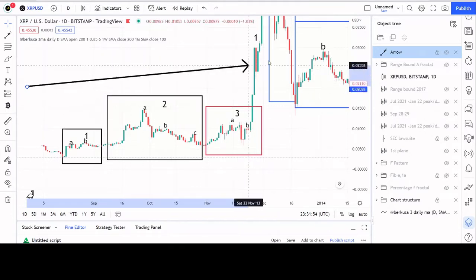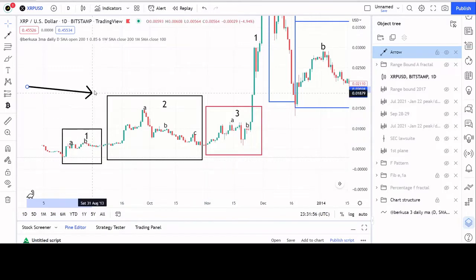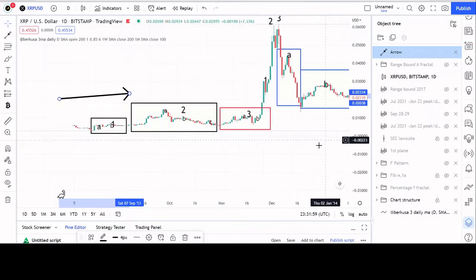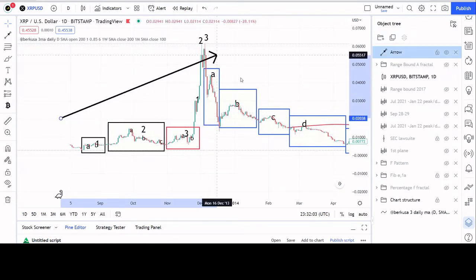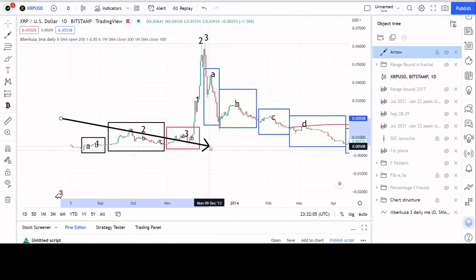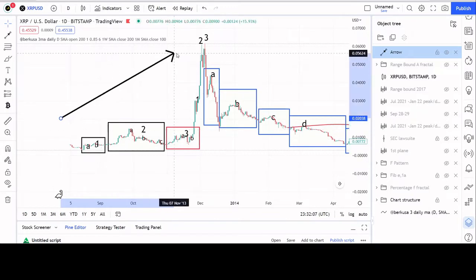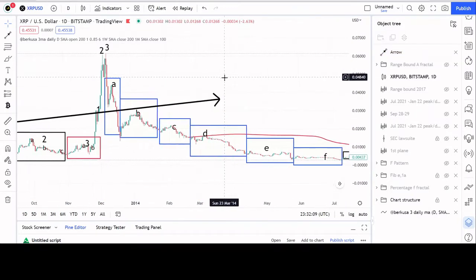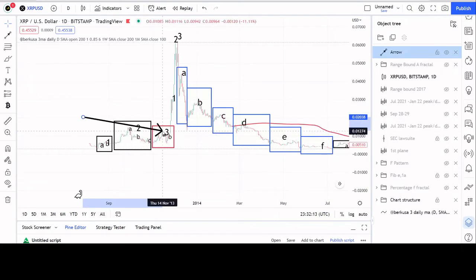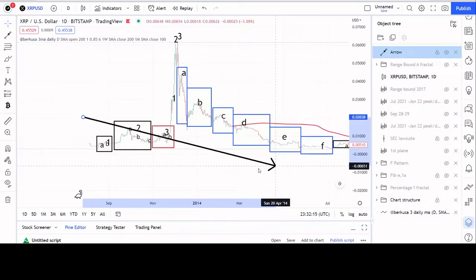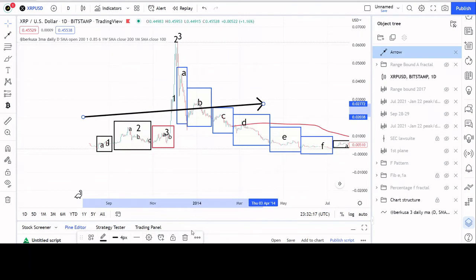So this is what the XRP chart started with, and from there it went into its first bull run and its first decline. You can essentially say that this right here is the complete XRP structure. It has played out over and over and over again.